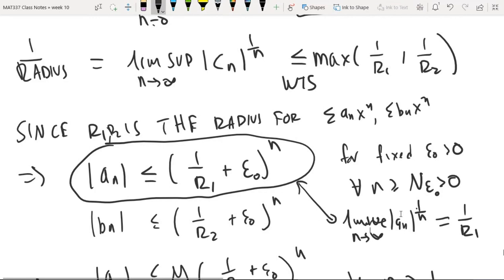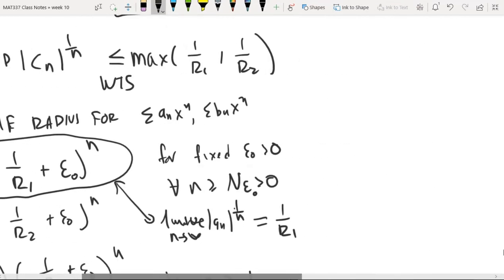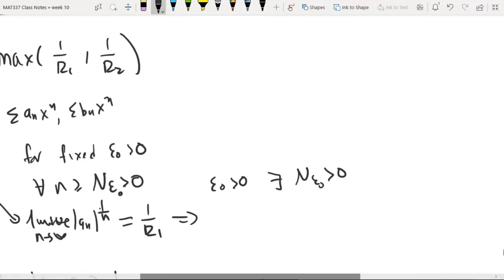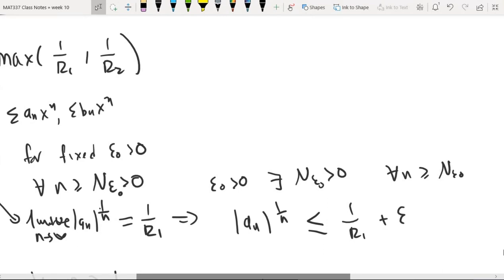And this is lim sup, so you don't have equality. You only have inequality. So it means that for fixed epsilon naught, there exists N epsilon naught positive, so that for all n bigger than N epsilon naught, you get a_n to the 1 over n is less than 1 over R1 plus epsilon naught. And then we took powers.